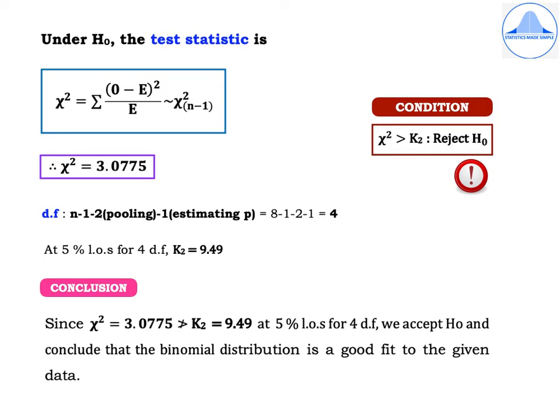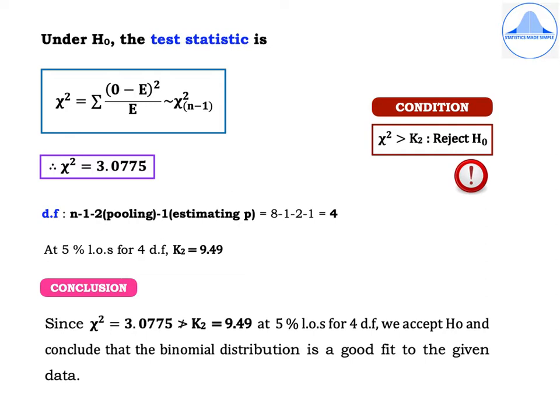Next, let us write the formula of the test statistic. So under H naught, the test statistic is chi-square equal to summation O minus E whole square divided by E, which follows chi-squared n minus 1. So from the table, we get chi-square equal to 3.0775.